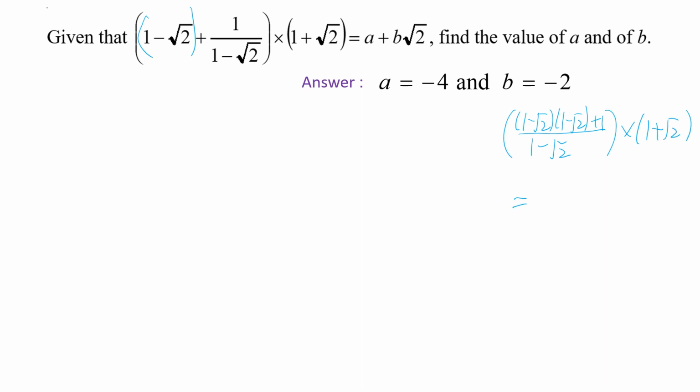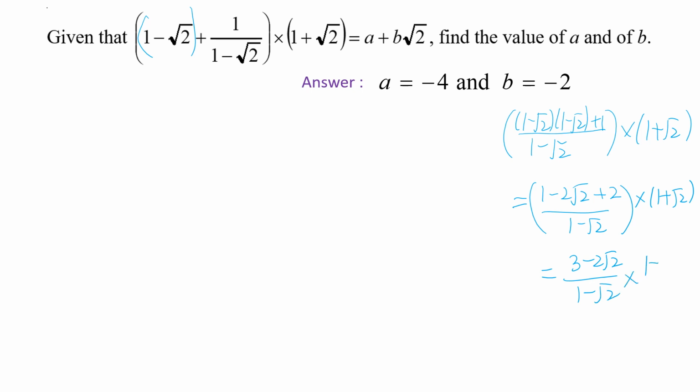You need to expand these two, which will give you 1 minus 2 square root 2 plus square root 2 times square root 2 gives you 2, over 1 minus square root 2, and that will give you 3 minus 2 square root 2 over 1 minus square root 2. Then you need to multiply your numerator, and after that rationalize it.